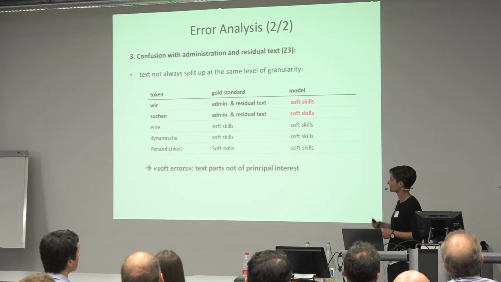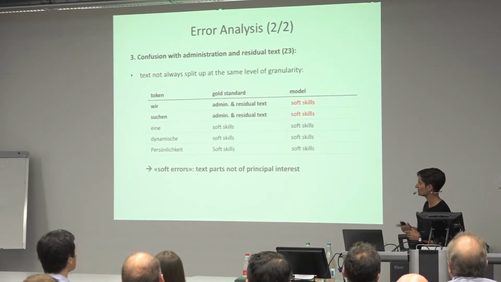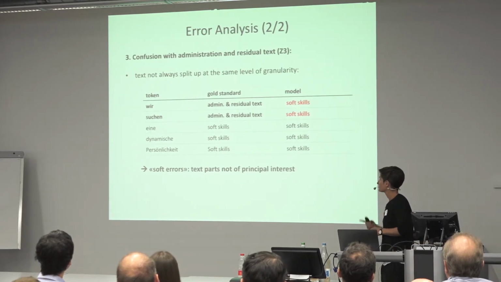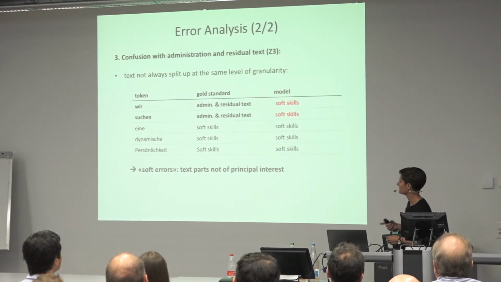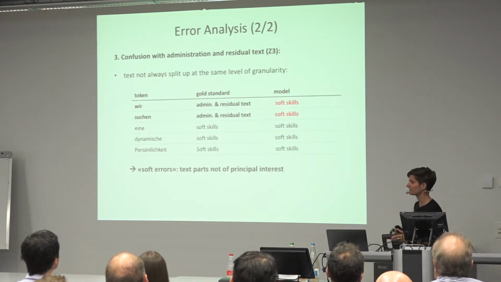Often it's also just part of the following zone, which here are the soft skills. So here we have an error because the model already classified this as part of the soft skills, but since we are not so much interested in text parts like wir suchen, they're rather meaningless for us, we consider this rather to be a soft error.